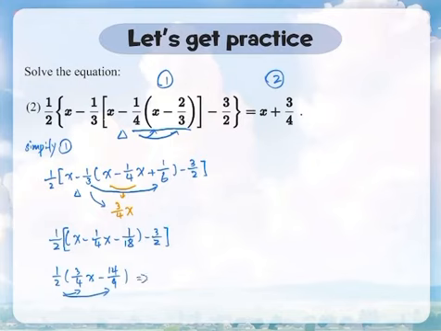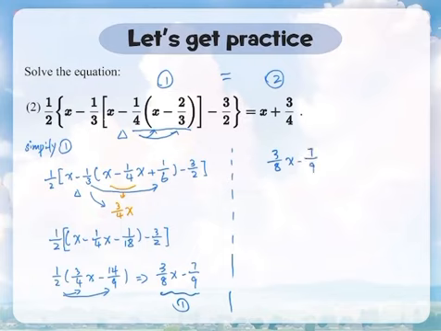In the end, what you get is 3/8x minus 7/9. So that is your algebraic expression, and this is still an equation, so you have to solve the equation.